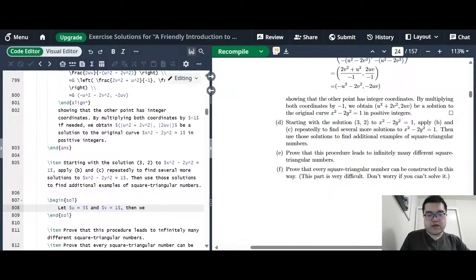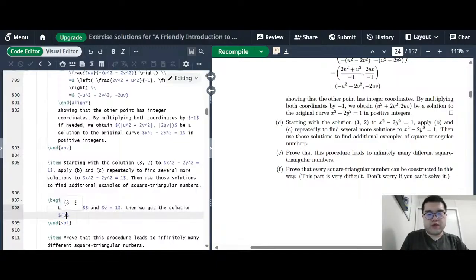Then we get the solution where the x value is going to be u squared plus 2v squared. So we have 3 squared plus 2 times 1 squared, comma, and then we have 2 times 3 times 1. If we solve it, we have 3 squared is 9, plus 2 times 1 squared, which is 2.